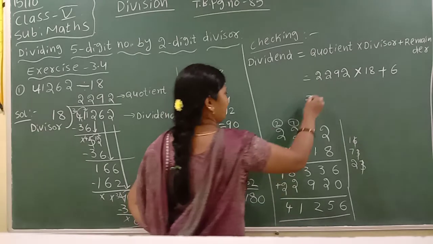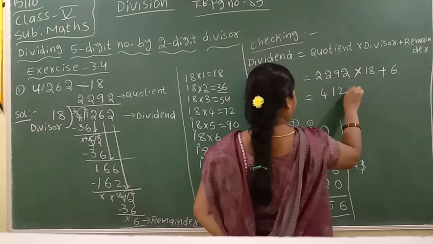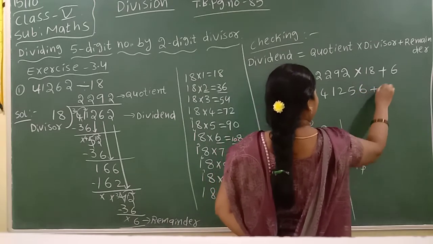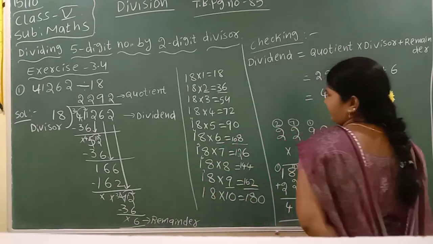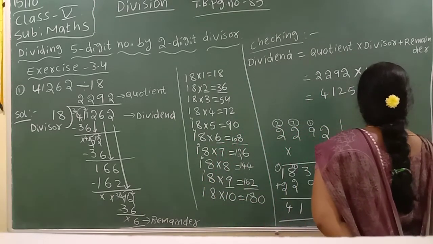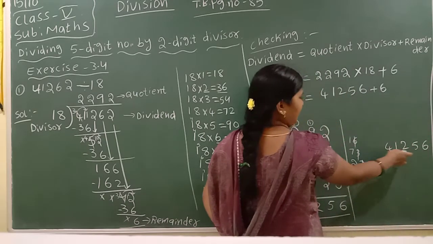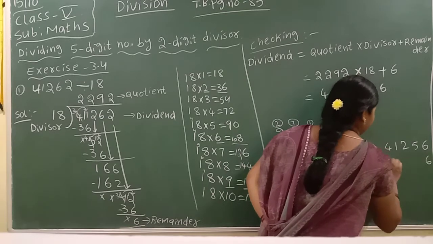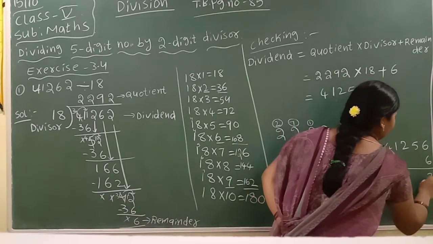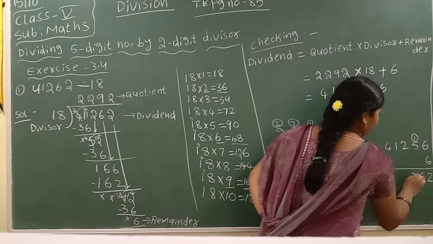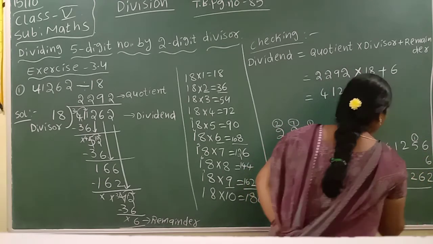Okay, what is the answer? 41,256 plus 6. 6 plus 6 is 12, 5 plus 1 is 6, 2, 1, 4.